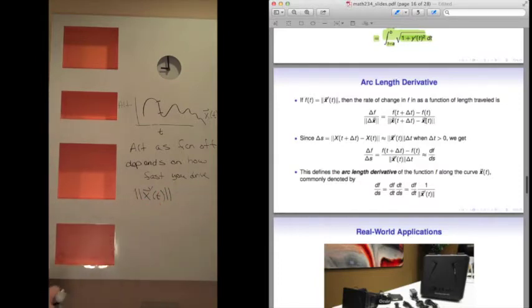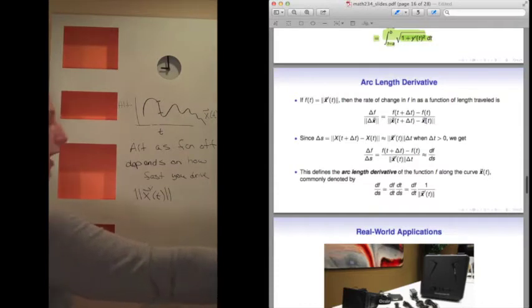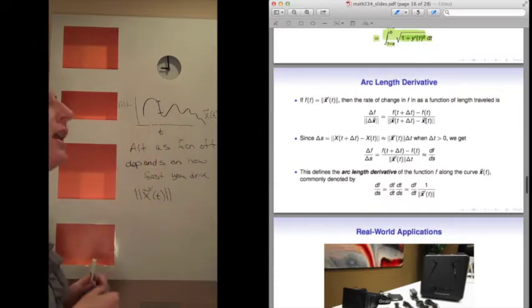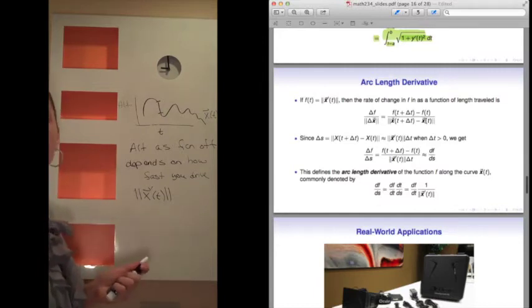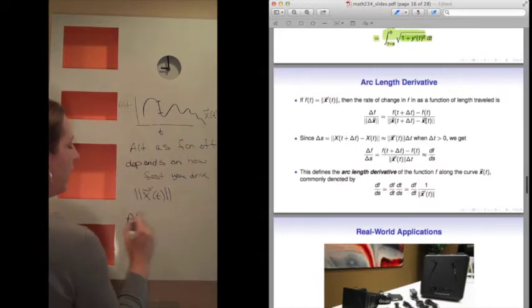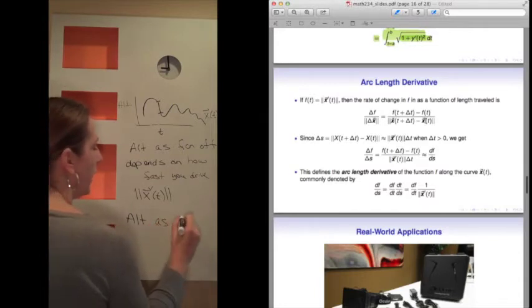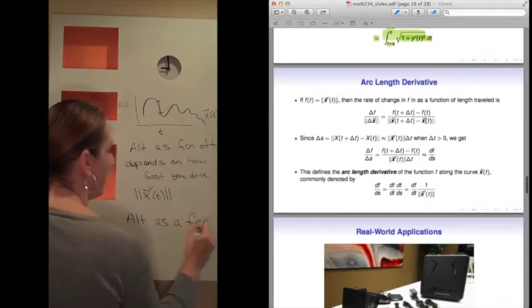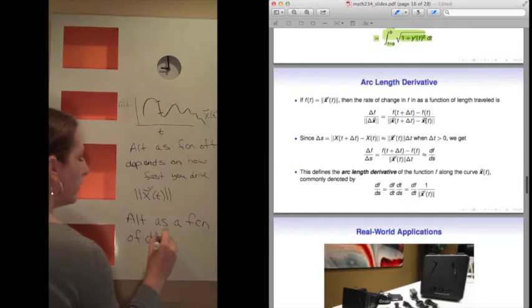On the other hand, you could ask how much my altitude changes if I go 40 feet ahead. It doesn't matter whether you covered that 40 feet in 1 second or 20 seconds; the altitude change is the same. So we have another way of looking at altitude, as a function of distance traveled.